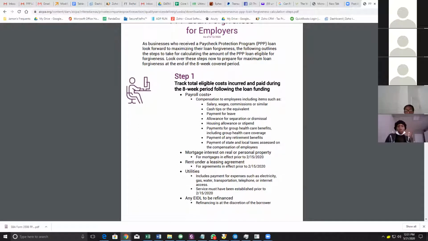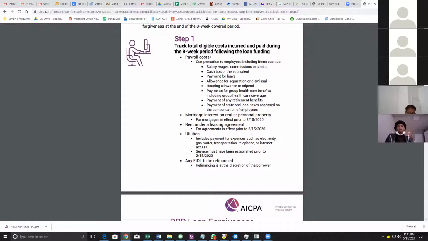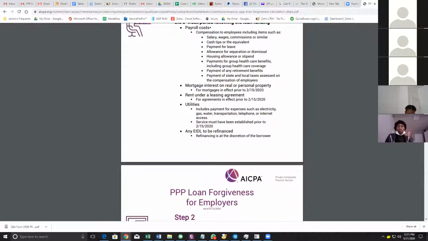So any EIDL, remember there's an EIDL loan and there's an EIDL advance. You are allowed to refinance the EIDL. And let me talk about that for a second.